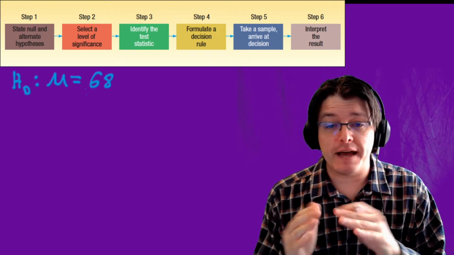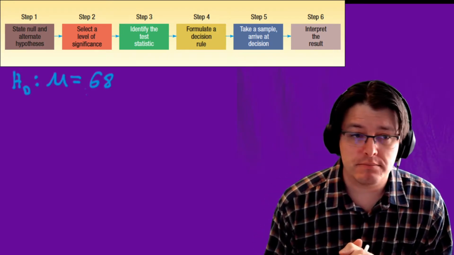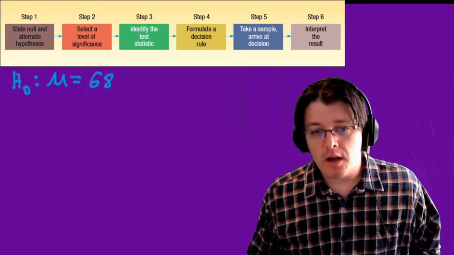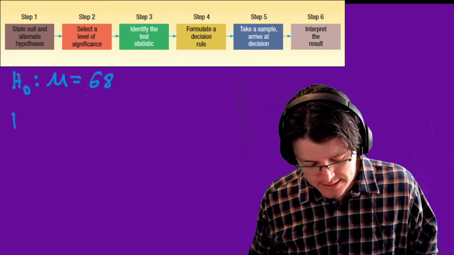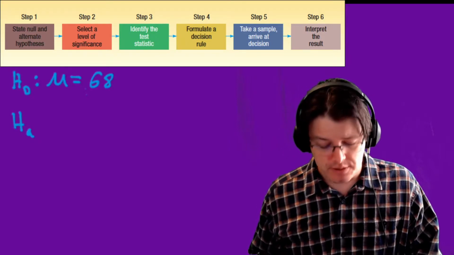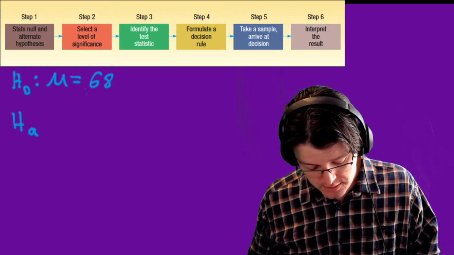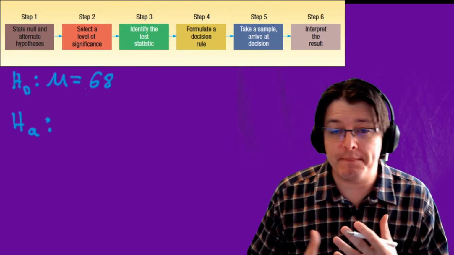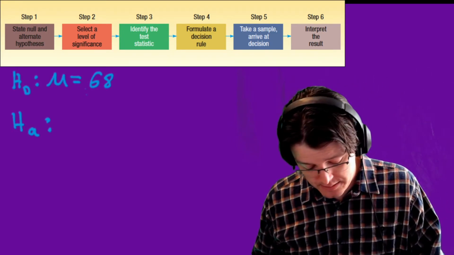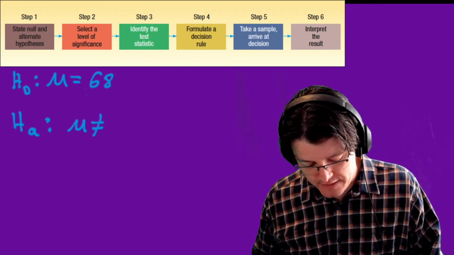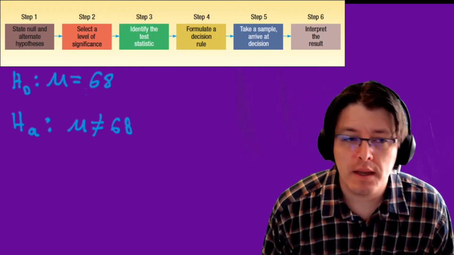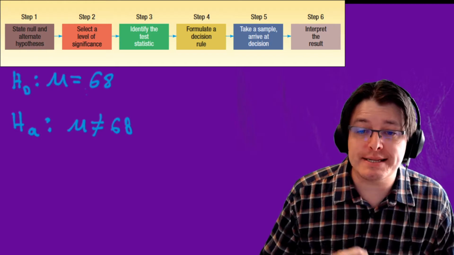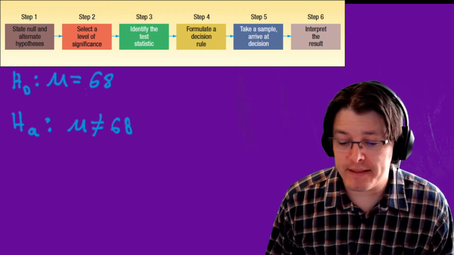So if that's true, then the null is correct. The alternative hypothesis, H subscript A, we'll set up as the population value is not 68. And this is step one. We need to set up our null and alternative hypotheses.